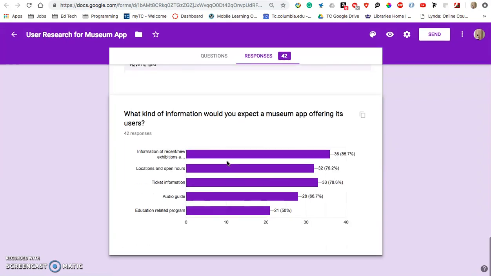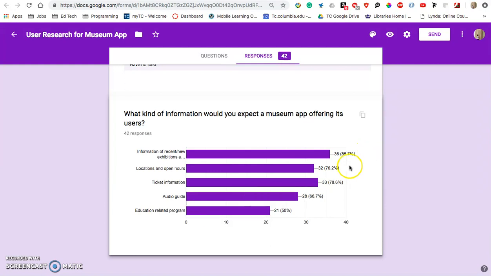The last question is, what kind of information or function would you expect a museum app to offer its users? I listed information on recent exhibitions, locations and open hours, ticket information, audio guide, and education-related programs.